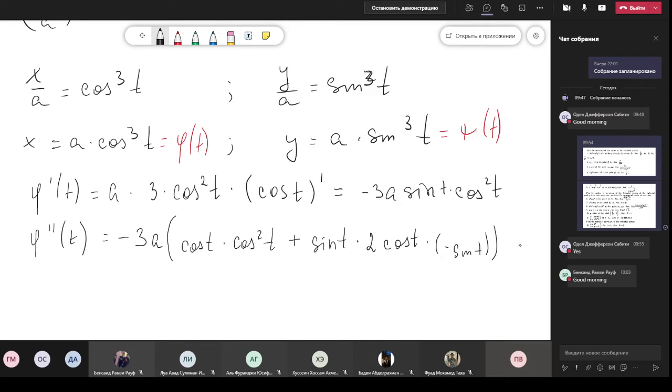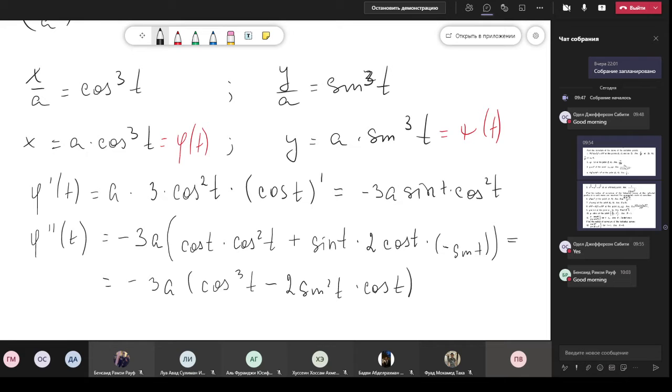And we have minus 3a times cosine cubed of t minus 2 sine squared of t times cosine of t.